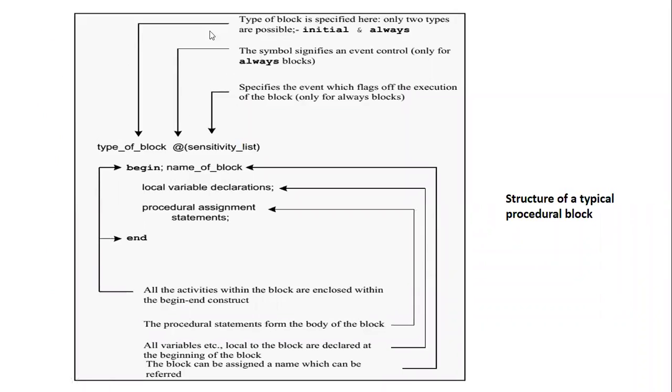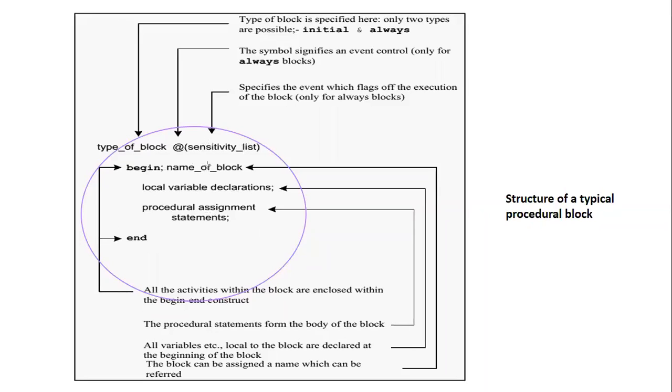Now if you look at the general syntax, how will you write it? First you write the type of block, then at, then the sensitivity list. If you are using always, it is always at the inputs for which the declarations, the variables and the assignments in this particular block respond.